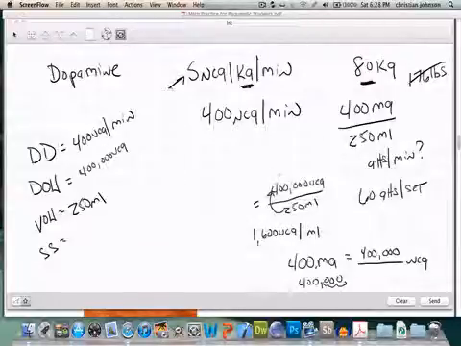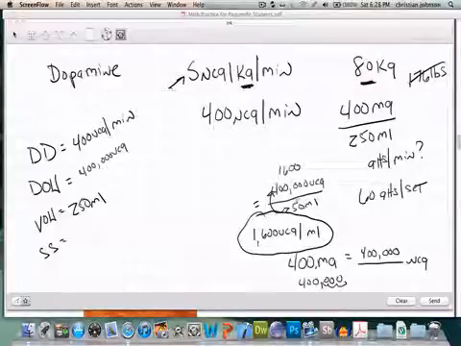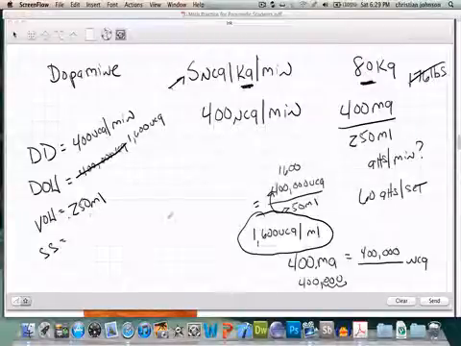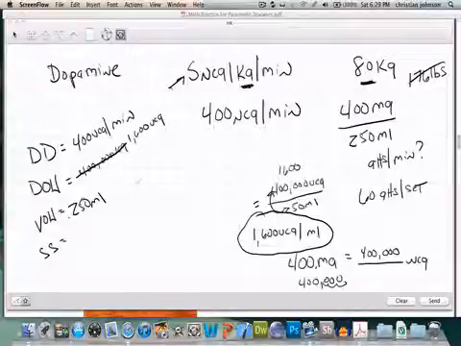Memorize that number. It's going to be the same every time. There might be variations of the problem that we'll go over in a minute, but that is my concentration. I have 1,600 mics per ml. So my new dose on hand would be 1,600 mics, and that's my volume on hand. Those are the magic numbers.